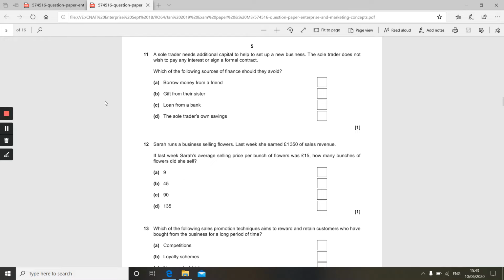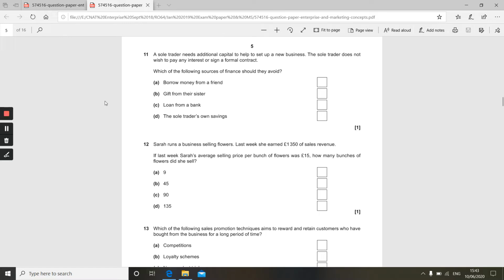So think back to which ones you would have to pay interest on, which ones you would have to sign a formal contract for, and which of the following they would avoid. There is only one on there which is the right answer.